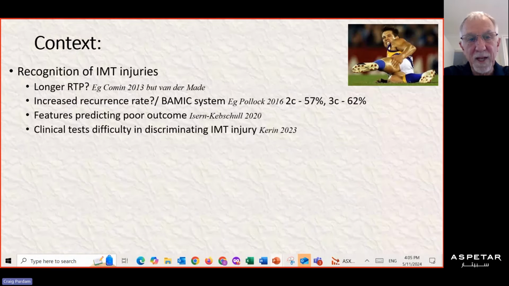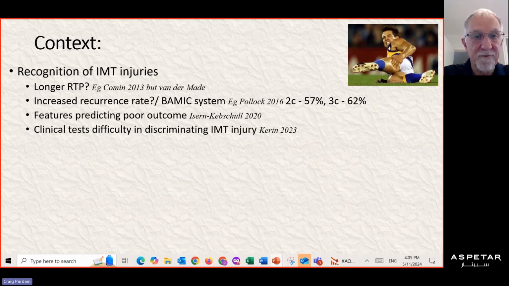His original work found, in a very small series, that perhaps there was, but then of course there was a very good rebuttal from Anu van der Meijde and your colleagues at Aspetar, and I think this set up a really good framework where we can't take all of these things on face value, and we should look more deeply and more prudently at how we view our initial understanding of things.